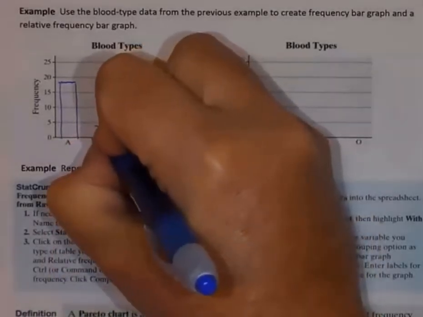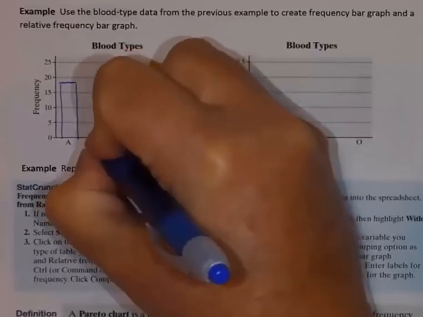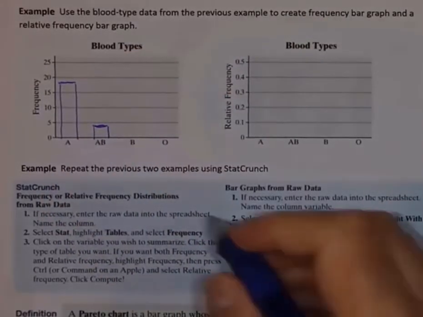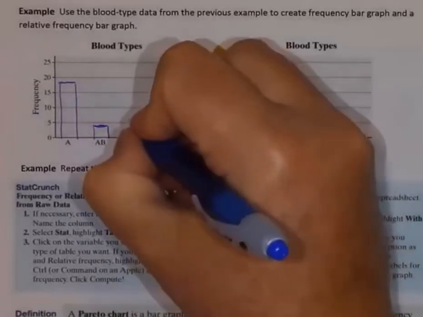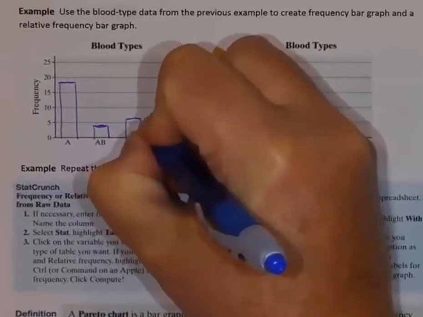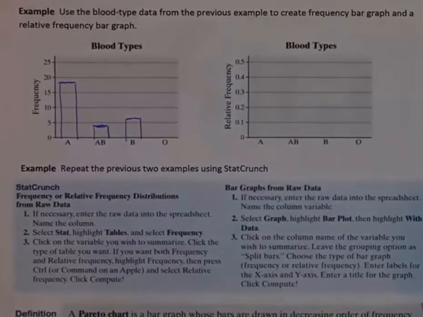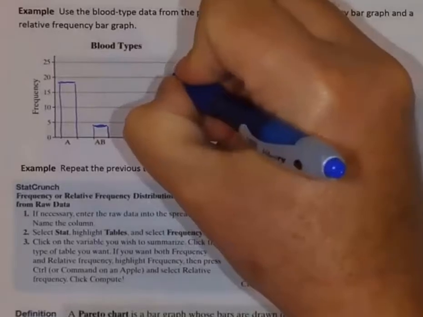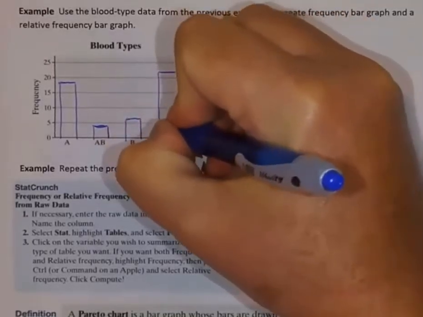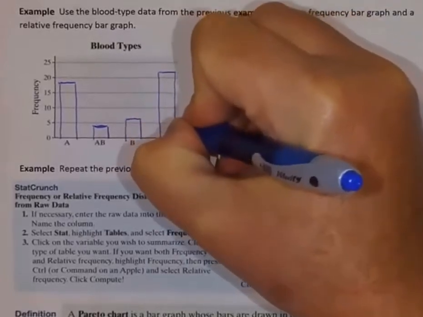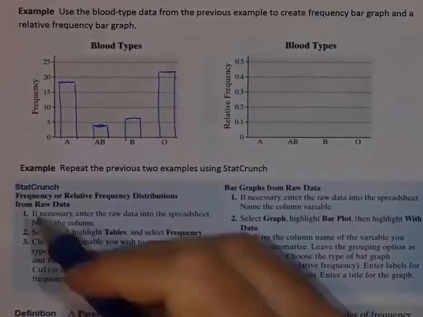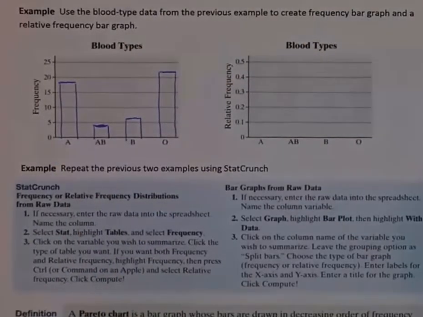So 4 is going to be around in here, and so my bar is going to be about there. B had a frequency of 6, so 6 is going to be around here, so I'm going to have my bar there. And O had a frequency of 22, so 22 would maybe be around here, and so my bar is going to be a height of 22. So this is my frequency bar graph.